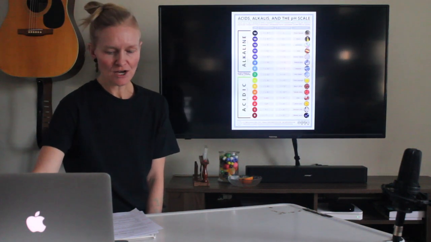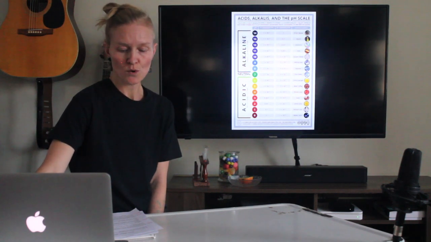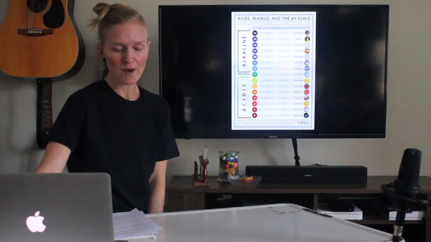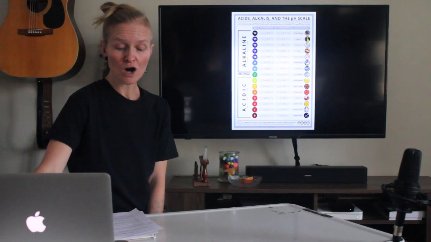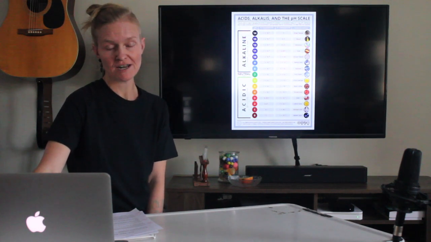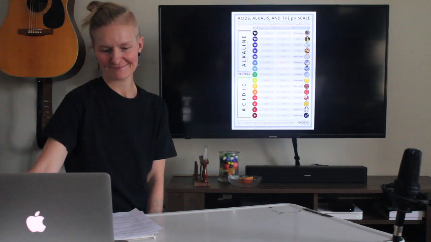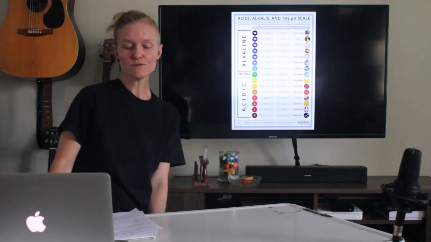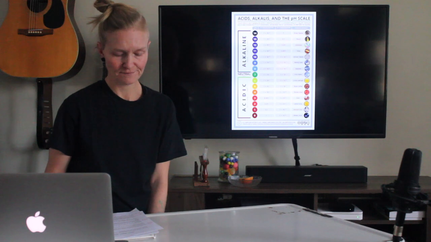In 1909, Danish chemist Søren Sørensen introduced the pH scale as a way of expressing acidity and alkalinity, or the concentration of hydrogen ions. pH is sometimes referred to as the potential of hydrogen.